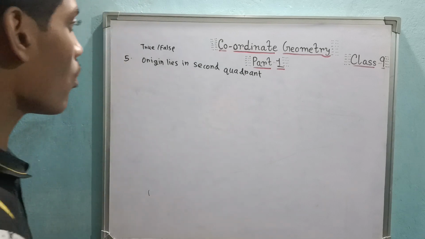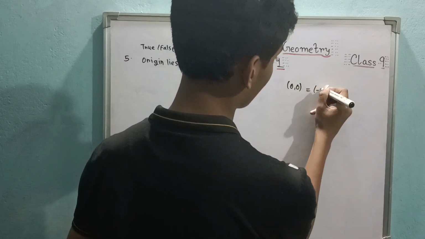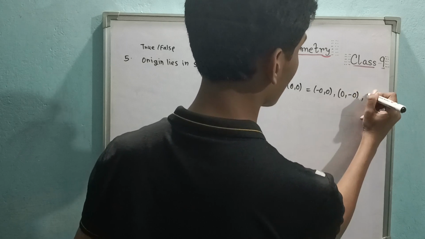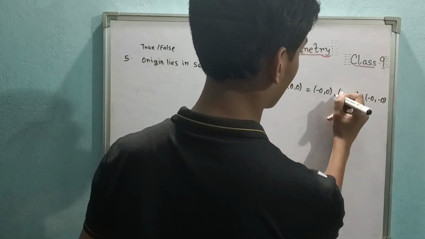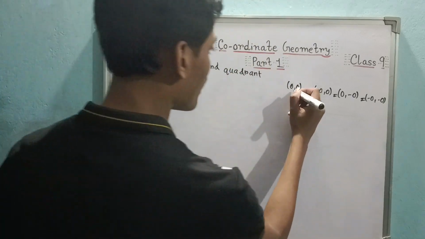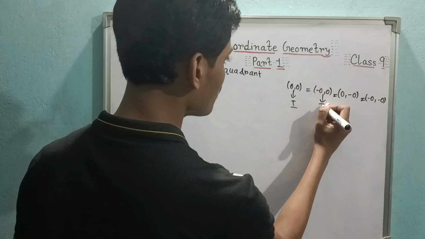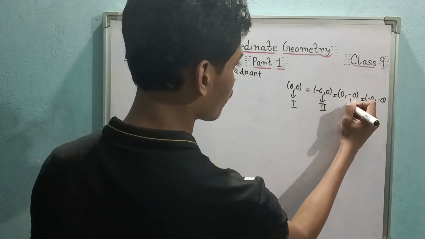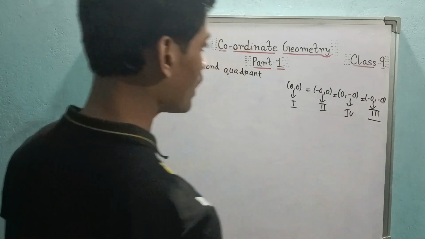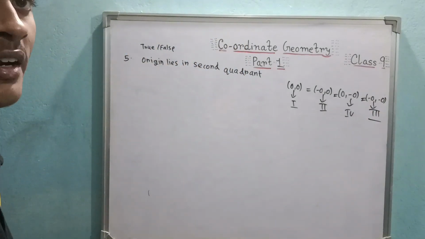So actually the origin, which is 0, 0, can be written in 4 ways: minus 0, 0; 0, minus 0; minus 0, minus 0. It's a valid statement. Now plus, plus lies in the first quadrant, minus, plus the second quadrant, plus, minus the fourth quadrant, minus, minus the third quadrant. So the origin can actually lie in the four quadrants.